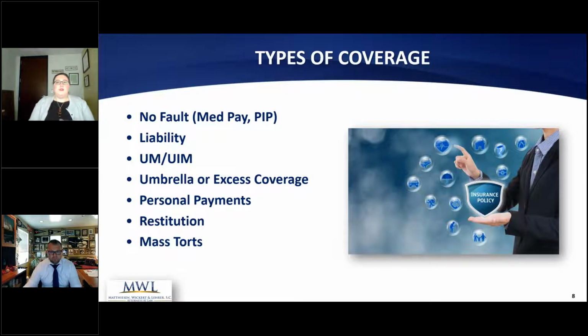So different types of cases are going to implicate very different kinds of coverage. Most of the cases that you're going to deal with, there is going to be an insurance carrier on the other side. So in car accidents, in premises liability, in homeowners claims, the first thing you want to be finding out is there some form of no-fault coverage, which is just going to pay for medical bills up front, regardless of who's actually liable for the incident.